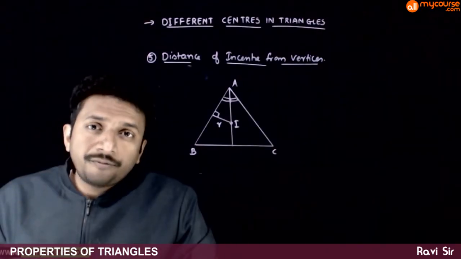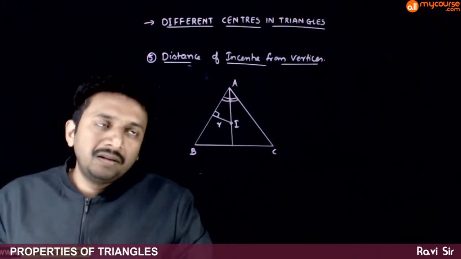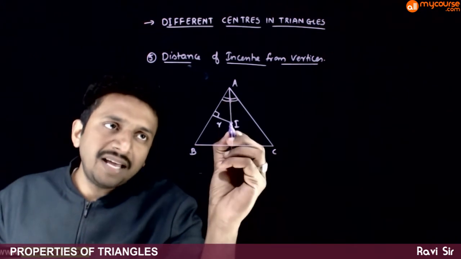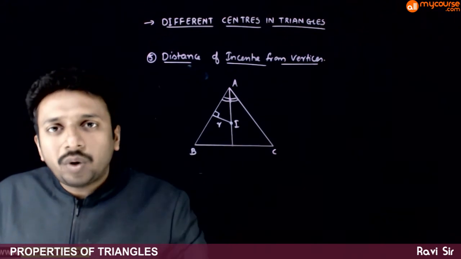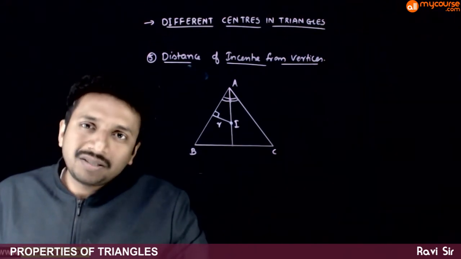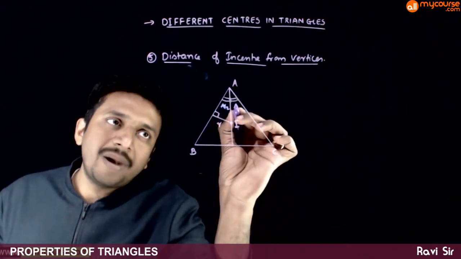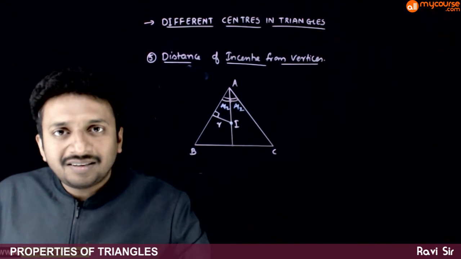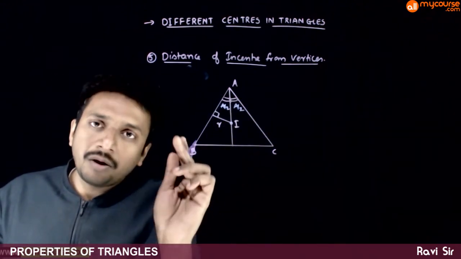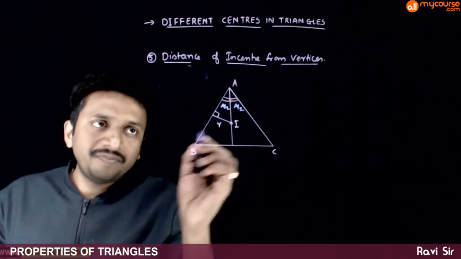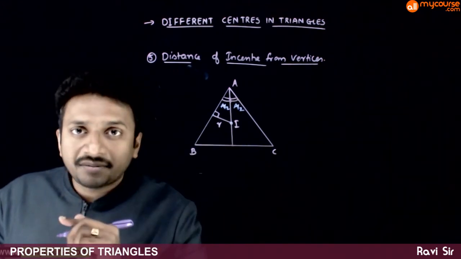So the next formula is regarding the distance of incenter from vertices. If you have a triangle ABC, and I is the incenter, if I ask you the distance of this incenter from vertex A, how do I get it? It's very simple. If you join AI, we know that it bisects the angle A, and if you draw a perpendicular from I onto AB or AC, this length of perpendicular will be equal to r, right?